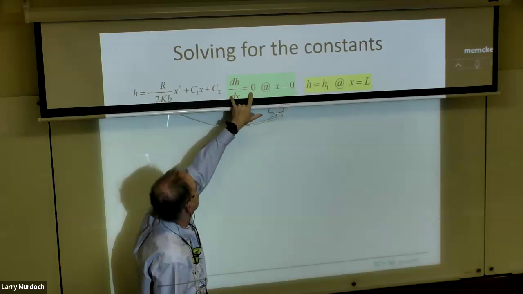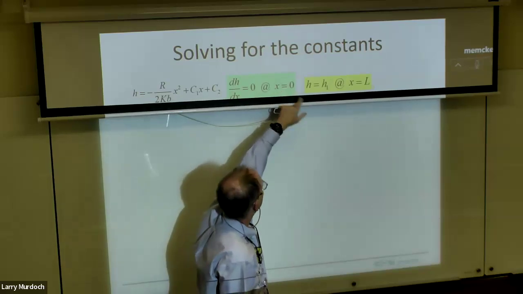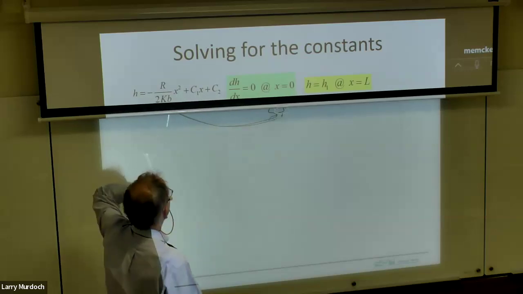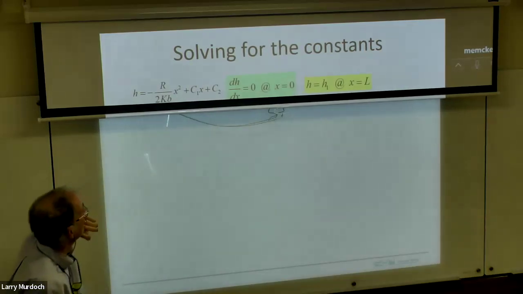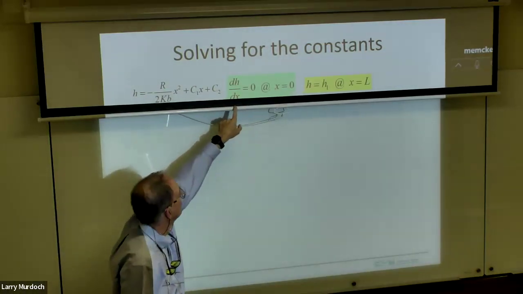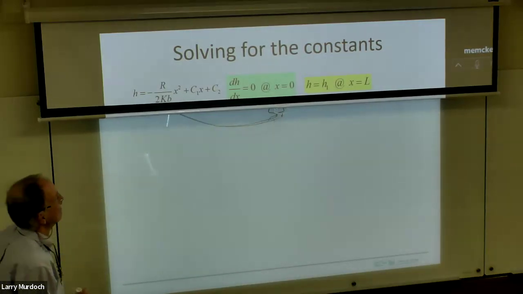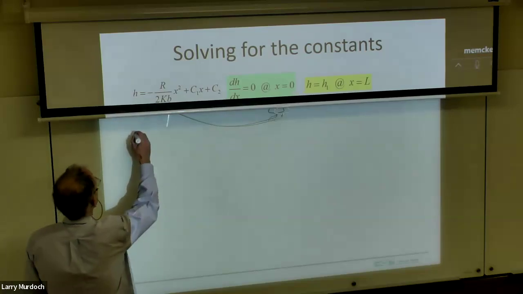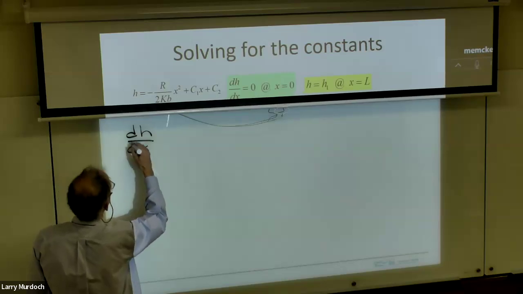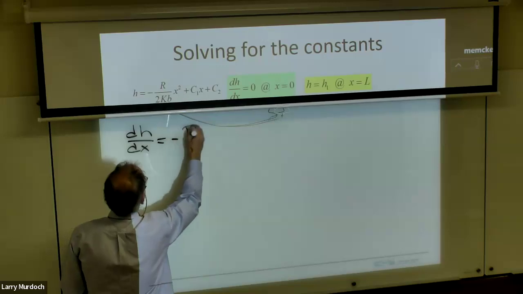So this says what the gradient can be at that location, and this says what the head is at that location. So the way I usually would do this is start with the boundary condition at x equals 0 first. That's the easiest one.